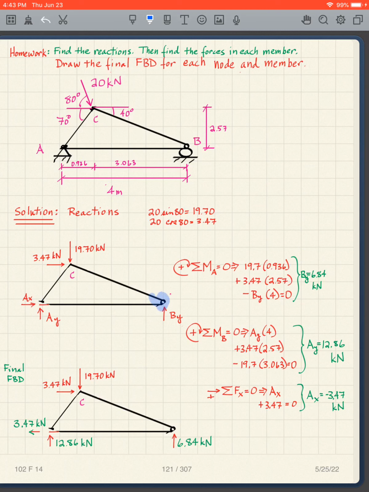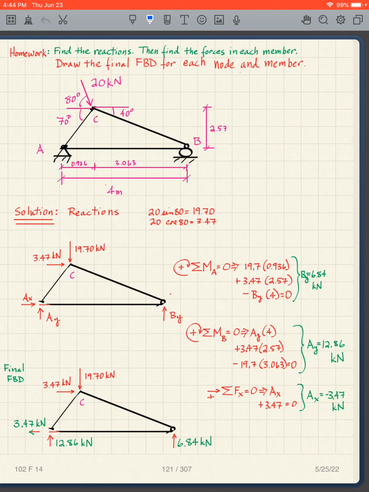Take moments about B. I've got AY times 4 clockwise. I've got 3.47 times 2.57 clockwise. 19.7 times 3.063 counterclockwise.